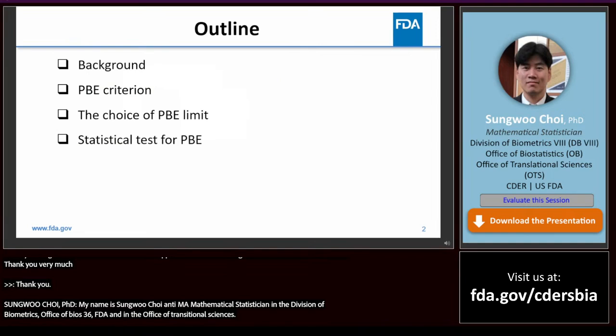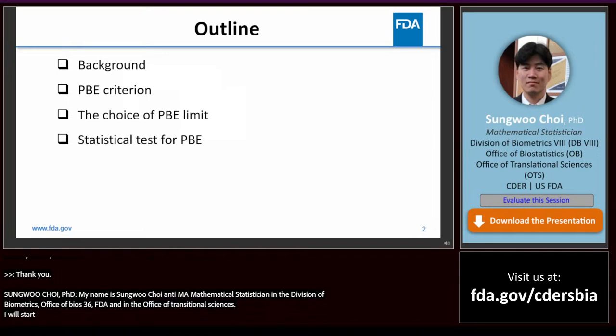I will start with brief background information, followed by FDA's population bioequivalence criterion. Then I will discuss the choice of population bioequivalence limit and statistical test for population bioequivalence.